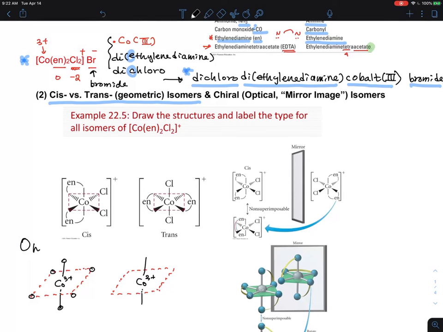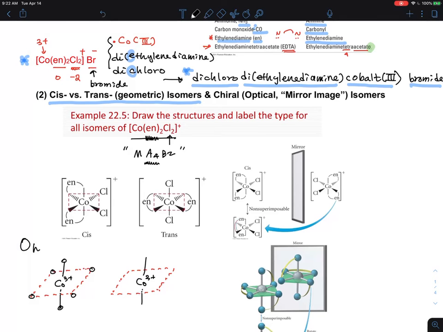From this cobalt, we have en2 and Cl2. You can generalize this category as A4B2, because en is bidentate with two coordinations, so having two of them, the effective number of coordination is 4.